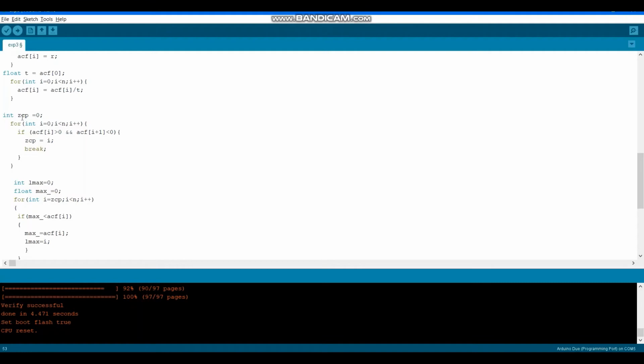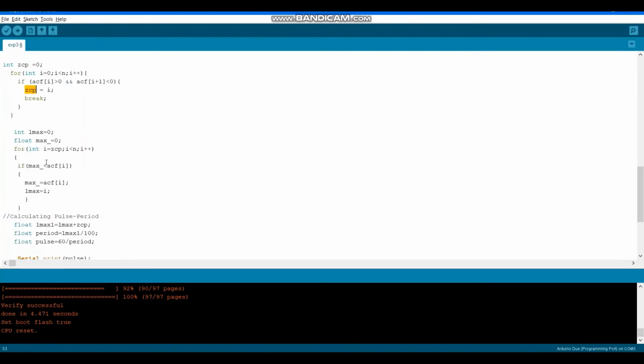So we are storing it into an integer called ZCP to find out the zero crossing point. Now, according to the autocorrelation function, we need to find the distance to the first peak after the zero crossing point. So we are initializing two variables, Lmax and max dash, both to 0, and we are iterating over indices greater than ZCP but less than n, incrementing every time.